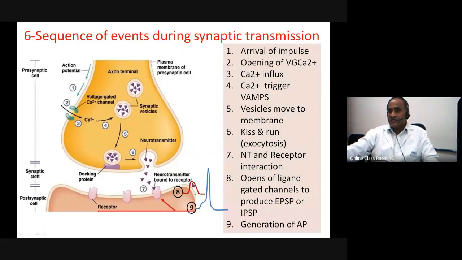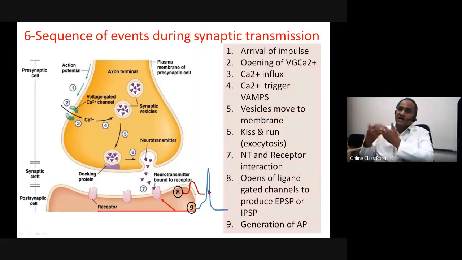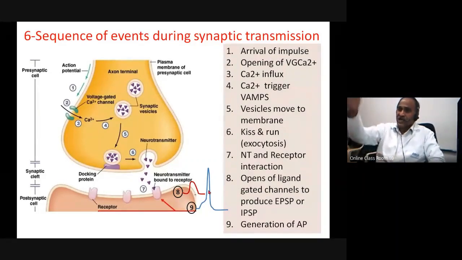Once it reaches a particular critical level, that fires an action potential. It is a postsynaptic action potential, and this brings about the action in the postsynaptic neuron. So these are the various events during synaptic transmission. Just to revise, I have listed them. I have not gone according to the list I had mentioned, but I just narrated the events happening.